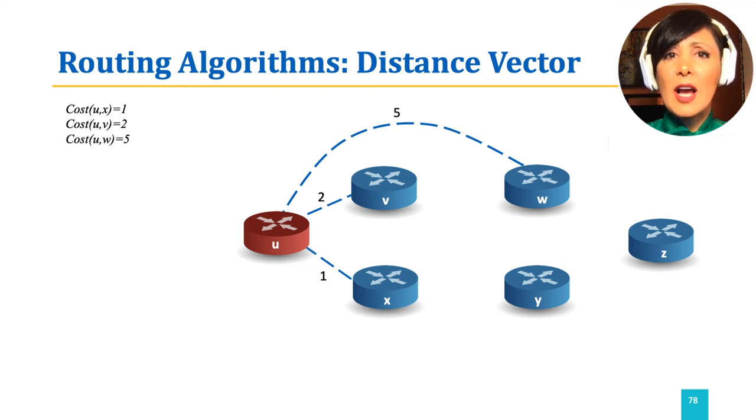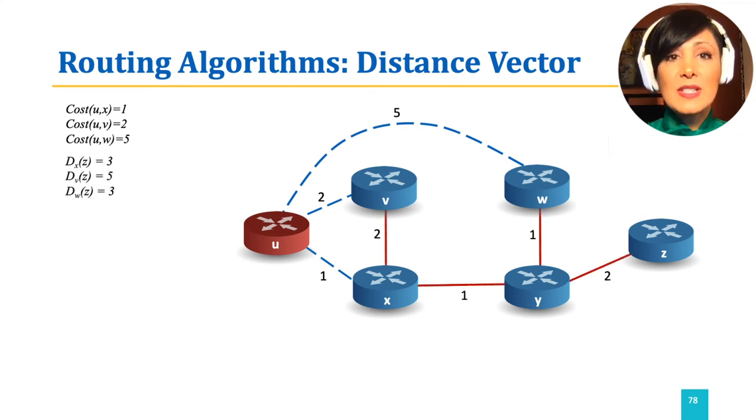Suppose we are at an iteration where these updates show dx(Z) equals 3, dv(Z) equals 5, and dw(Z) equals 3.